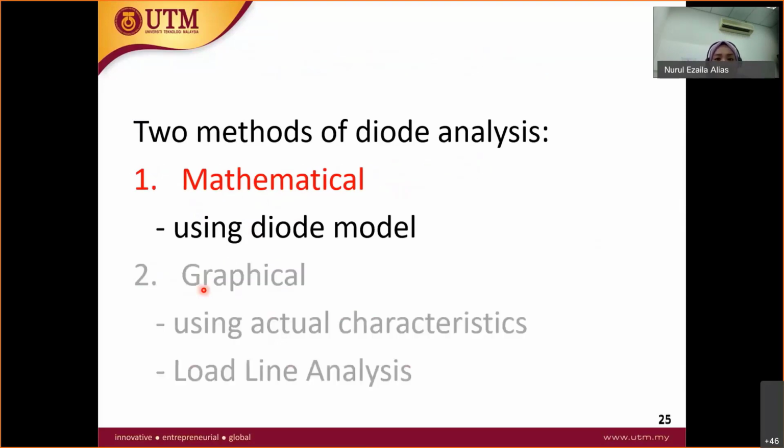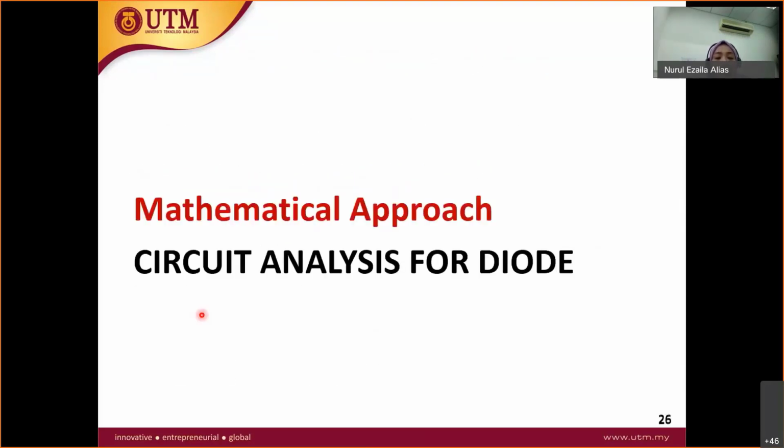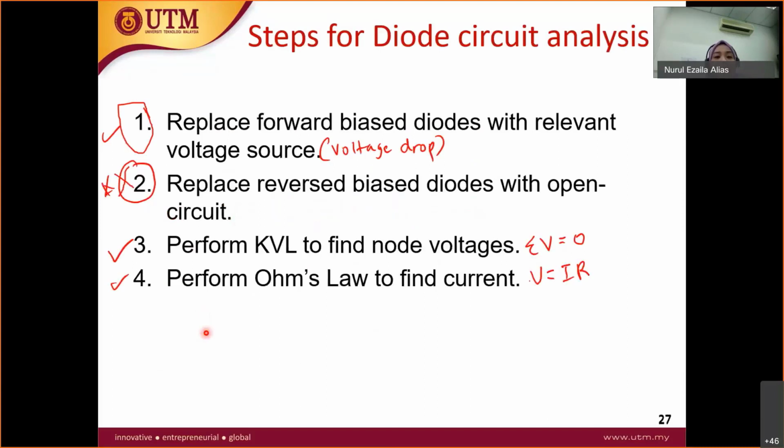All right. So for the circuit analysis for diode, these are the steps that I have shown you in the previous class. First, you need to replace your forward bias diode with the relevant voltage drop, meaning the voltage drop of the diode.